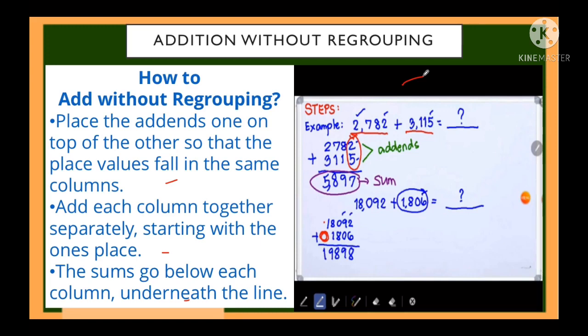It will separate the hundreds and the thousands. After the three numbers, we have a comma here. Wait, it's not clear, so I will erase it. I will put a comma here. So we have the final answer, or the sum, which is 19,898.